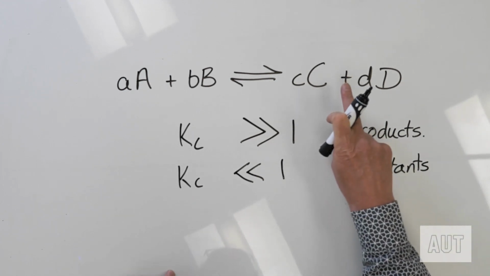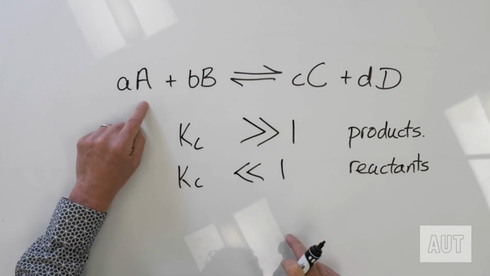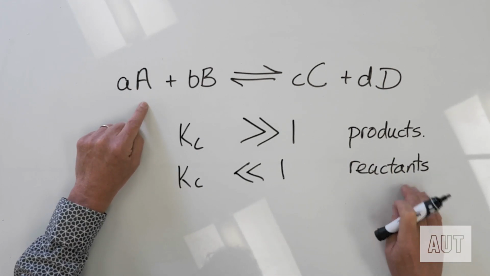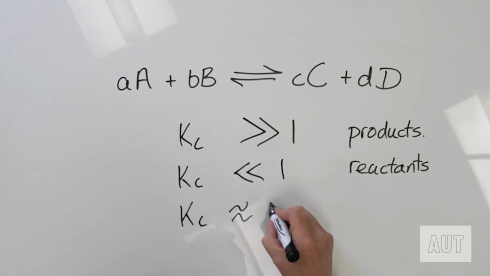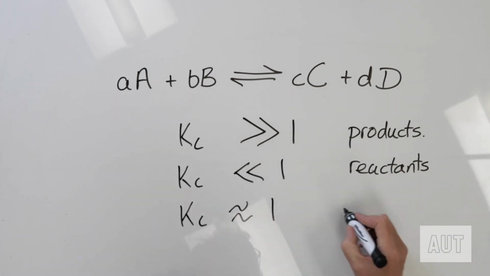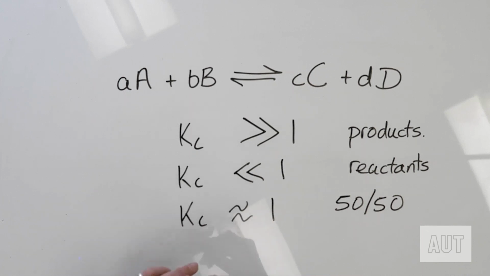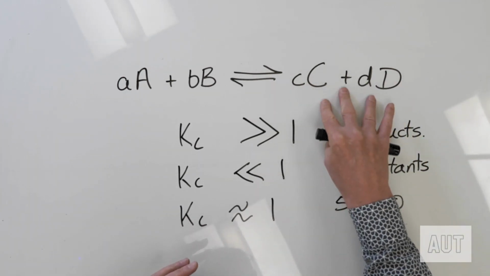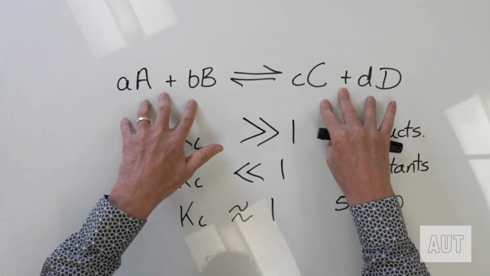Because that's going to mean that the top line of your Kc expression is small, bottom line's big, therefore we're going to favour this. And if Kc, surprise, surprise, is approximately equal to 1, give or take a bit, then essentially you've got a 50-50 situation where you've got roughly, doesn't have to be exactly the same, but roughly equal amounts of this and this at equilibrium.